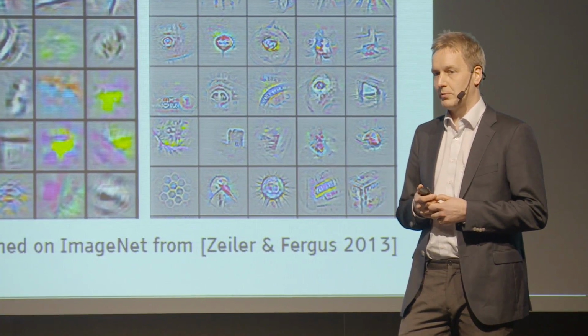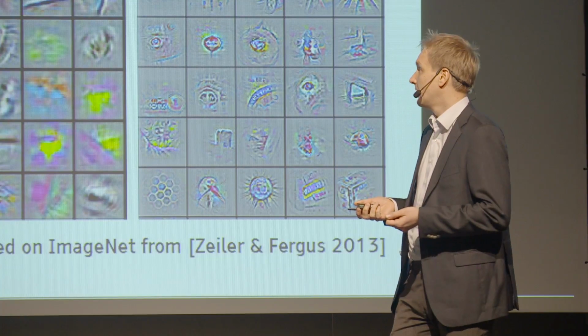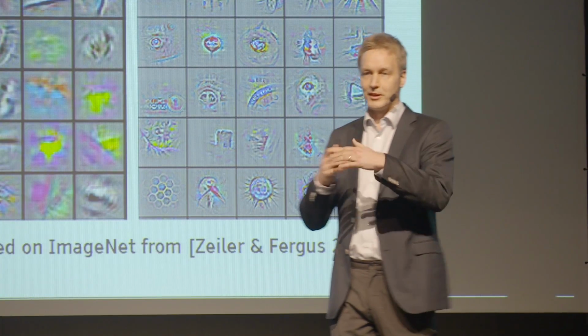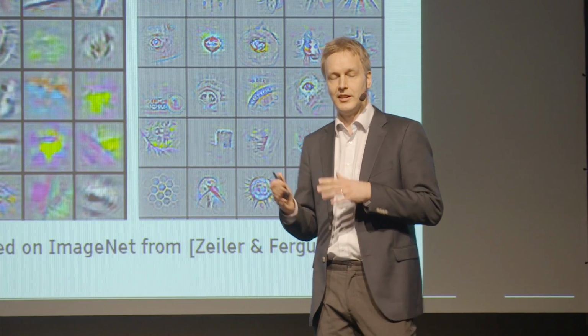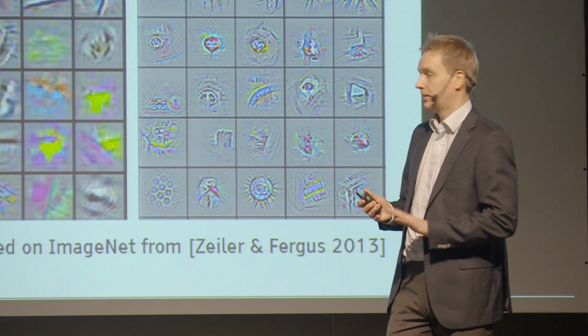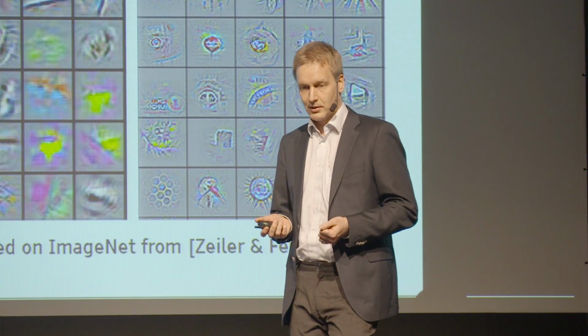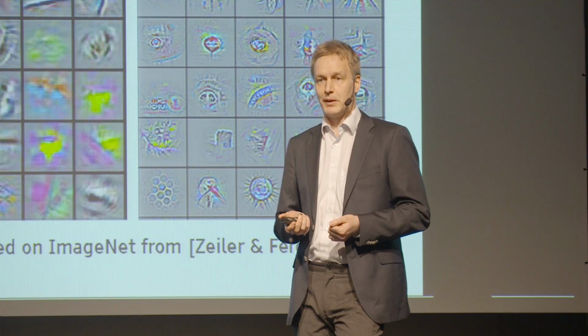You first do some feature extraction. For instance, features such as, okay, there are lots of horizontal edges in this area, or there's some texture of grass in this area. Different kinds of features, and the traditional way was to create these features by hand.